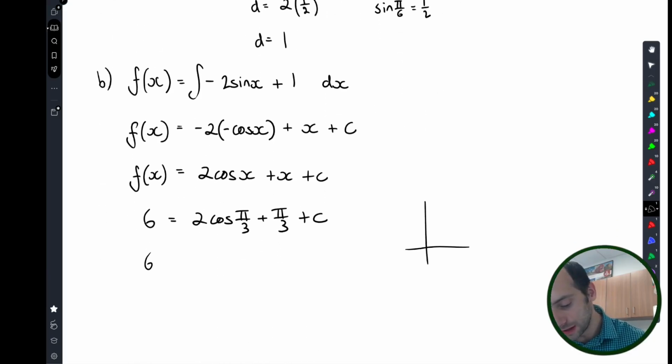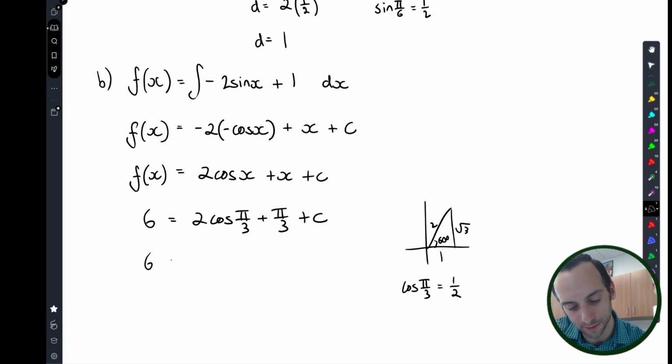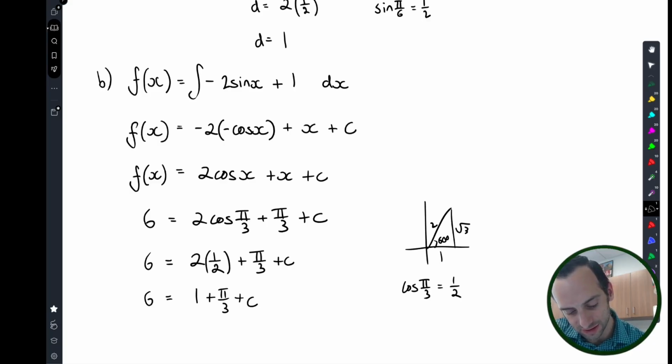Cosine of pi over 3 is a 60-degree angle. So in our 60-degree triangle, we have those sides, root 3, 1, 2. We want cosine of pi over 3, so that's adjacent over our hypotenuse. That is a half as well. So 2 times a half plus pi over 3 plus c. A little bit of math simplifying gives us this c value of 5 minus pi over 3.